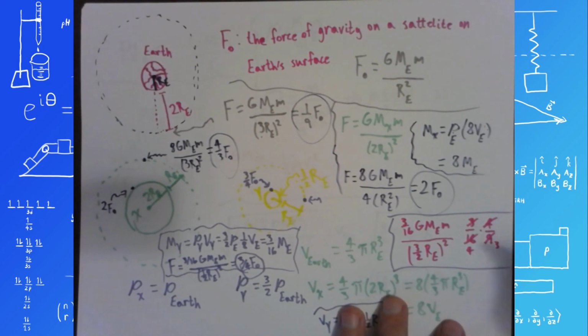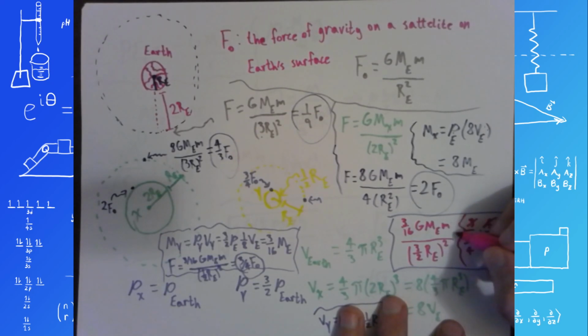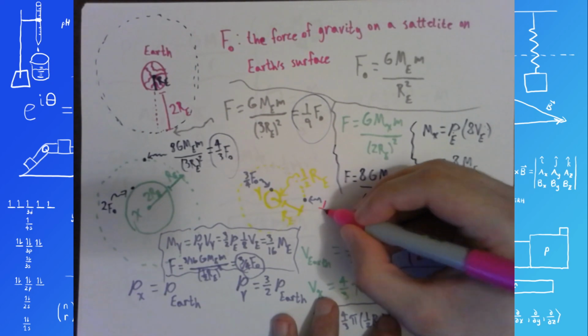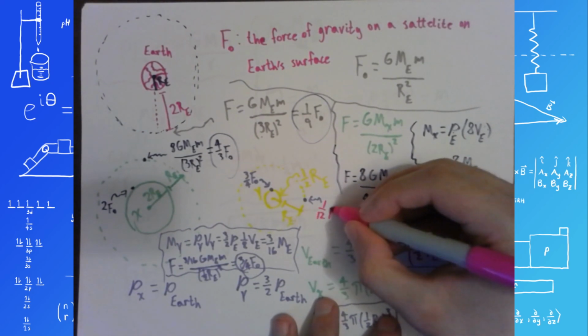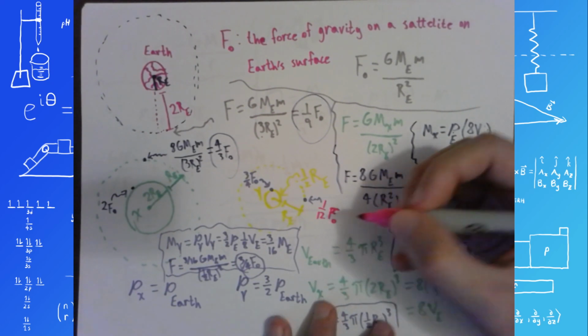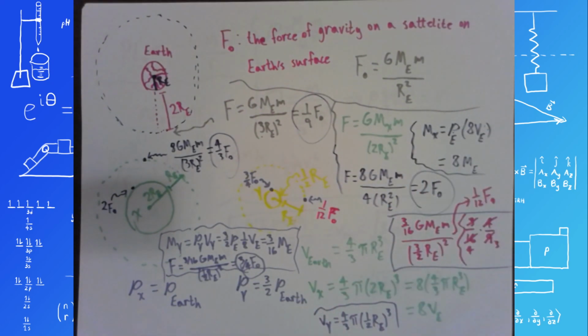So it looks like I'm looking at 1/12. So this expression amounts to 1/12 of F0. So over here, my satellite experiences a force of 1/12 the gravitational force it would experience on the surface of the Earth.